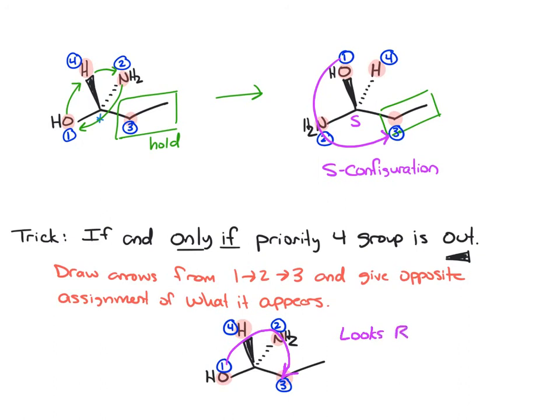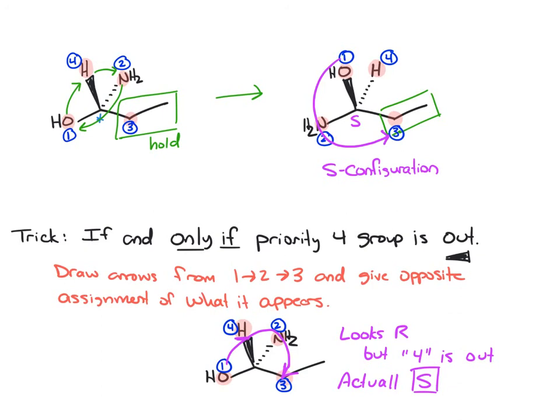It looks like R, but this hydrogen is out, or I should say the priority 4 group is out. So it's actually the opposite of R. It's actually the S configuration. So that makes it a lot simpler.